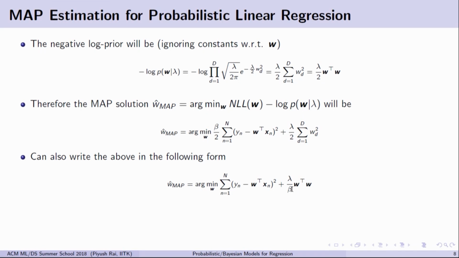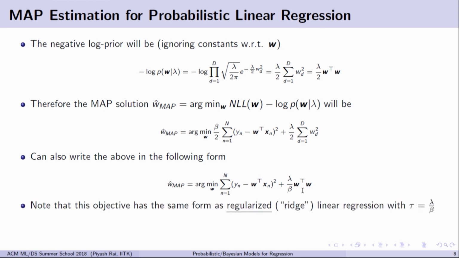Just to summarize what we have done so far, we have looked at MLE and showed that it is an unregularized loss function minimization. We have looked at MAP and shown that it is equivalent to a regularized loss function minimization, where the regularization is in terms of the L2 regularizer, W transpose W. The regularization constant tau is nothing but lambda divided by beta.